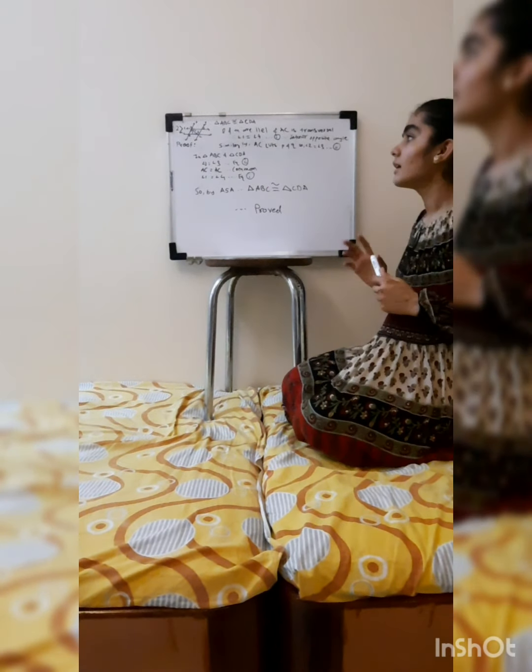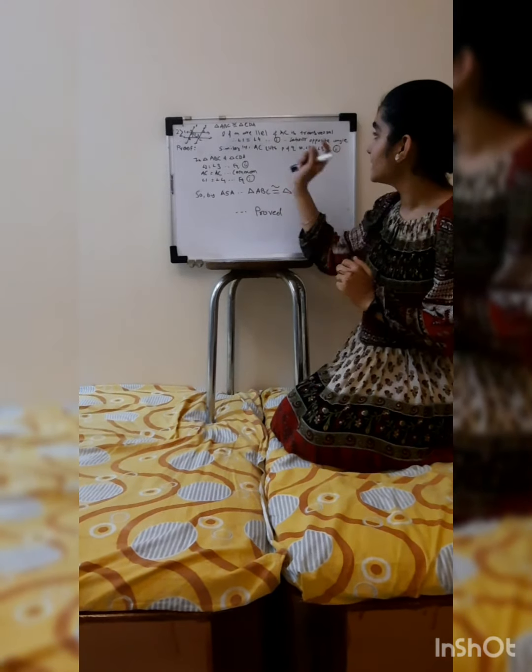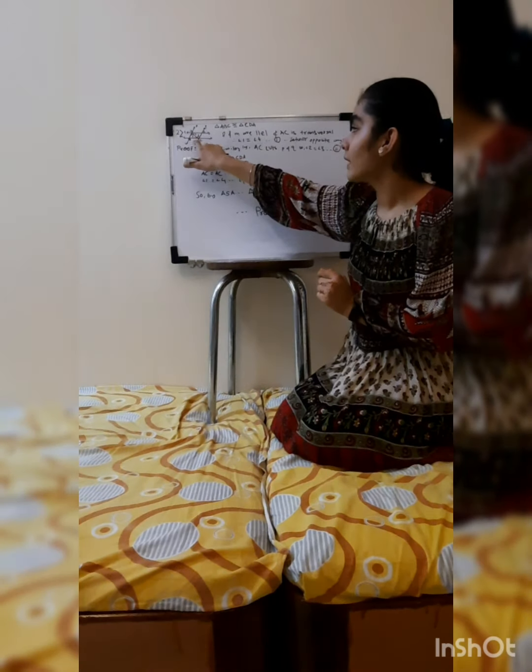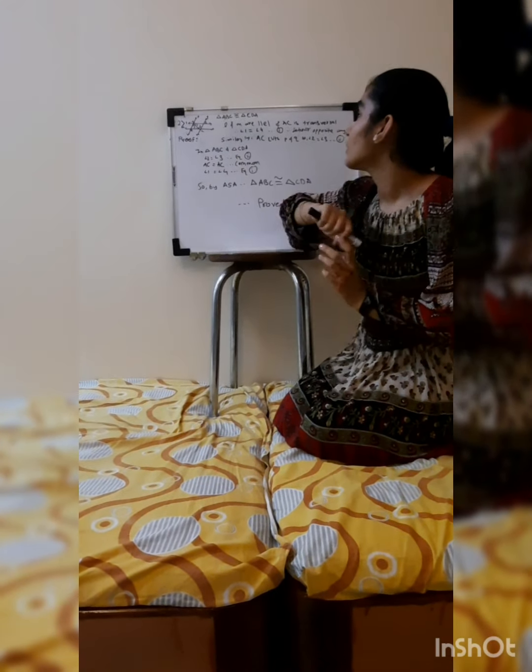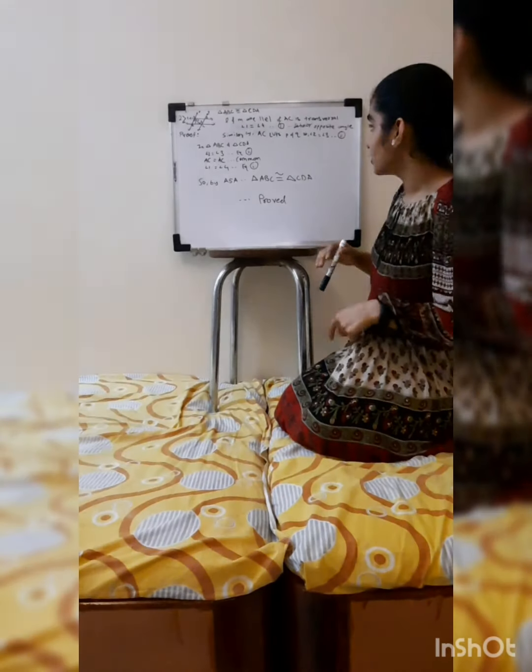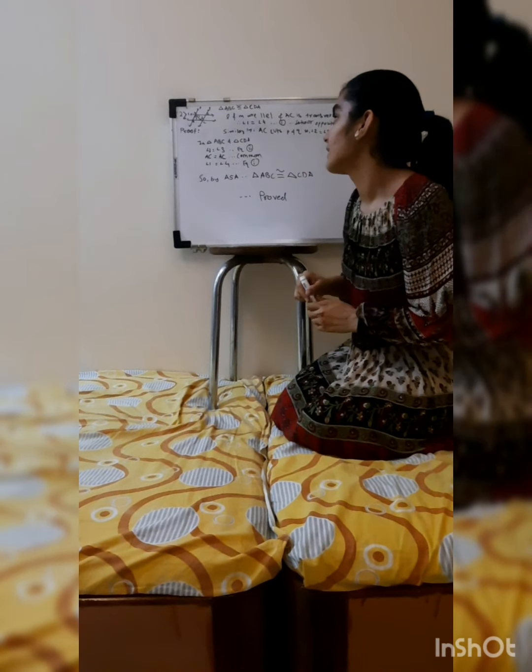So L and M are parallel and AC is a transversal. So angle 1 is equal to angle 4, which is our equation number 1, as they are alternate angles.